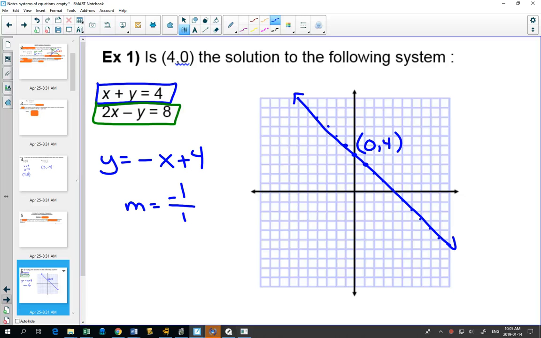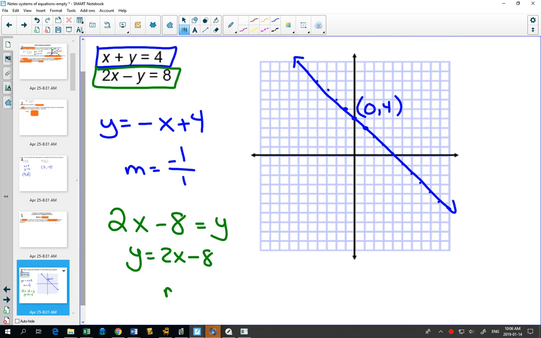Our next equation, I could rearrange the equation, move the 8 over to the left, move the y over to the right. That means that y is equal to 2x minus 8. And my slope in this one is 2, which I can write as a fraction, as 2 over 1.